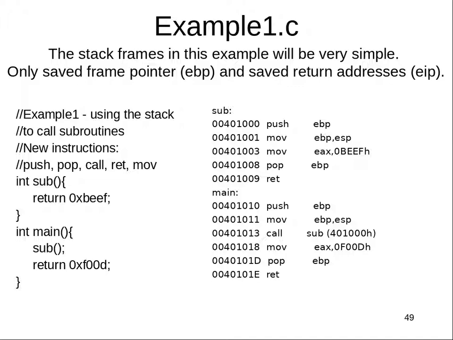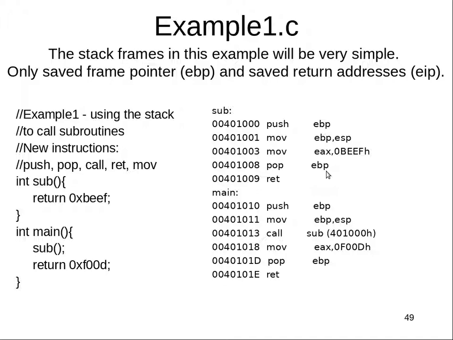Good, let's do this. This makes way more sense. All right, so we have main. We push EBP on the stack. We move EBP to the stack pointer so we know where the stack pointer begins. We're going to call sub, which jumps up here, which pushes EBP, saves it off. We're going to move the result beef back in EAX, and then we're going to return. Again, these two instructions here and this one down here are done by convention.